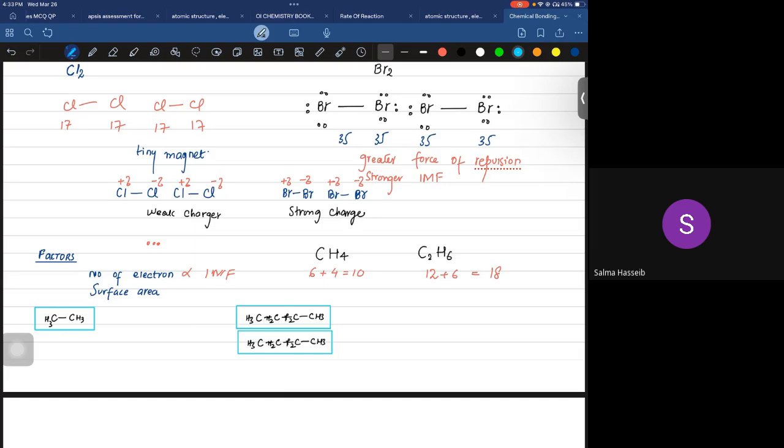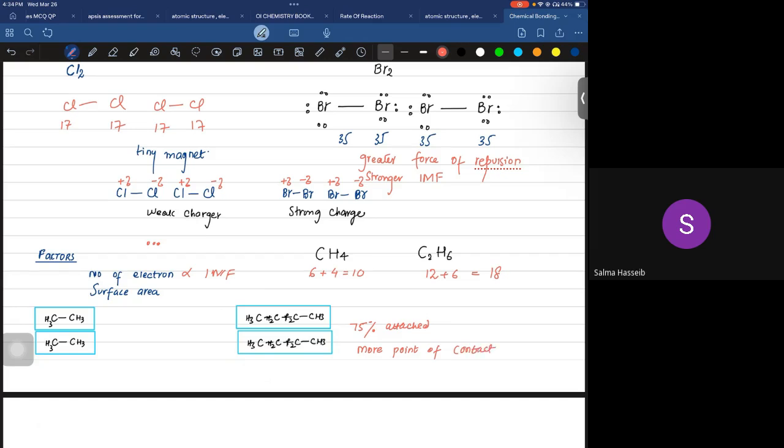Let's suppose when the two molecules are going to attach together, as you can see, their attachment is 75% attached, more point of contact.